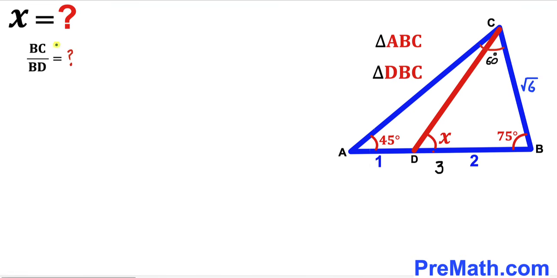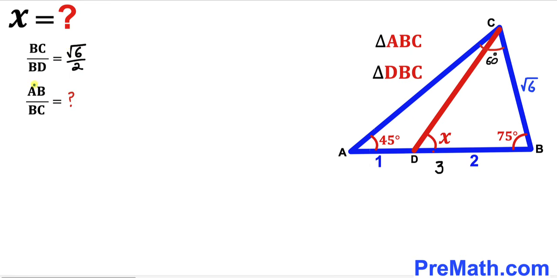And in this next step, we are going to calculate the ratio of these two side lengths, BC and BD. And in our case, our BC side length is square root of 6 and our BD is 2. So therefore, this ratio is going to become square root of 6 divided by 2.